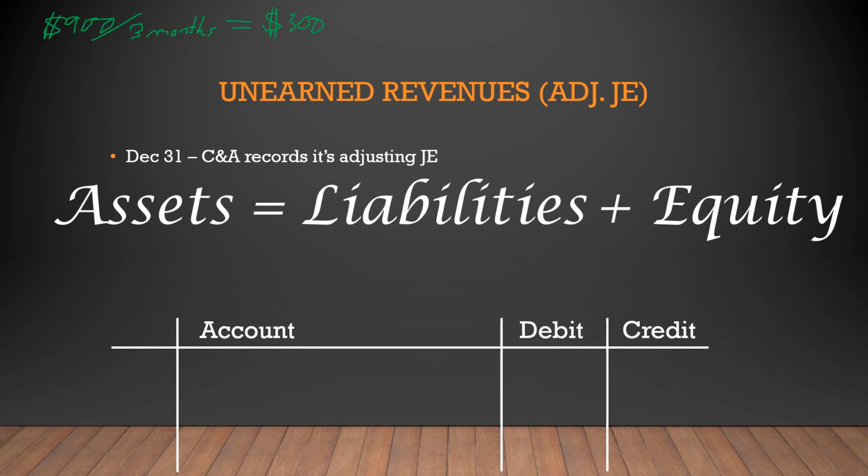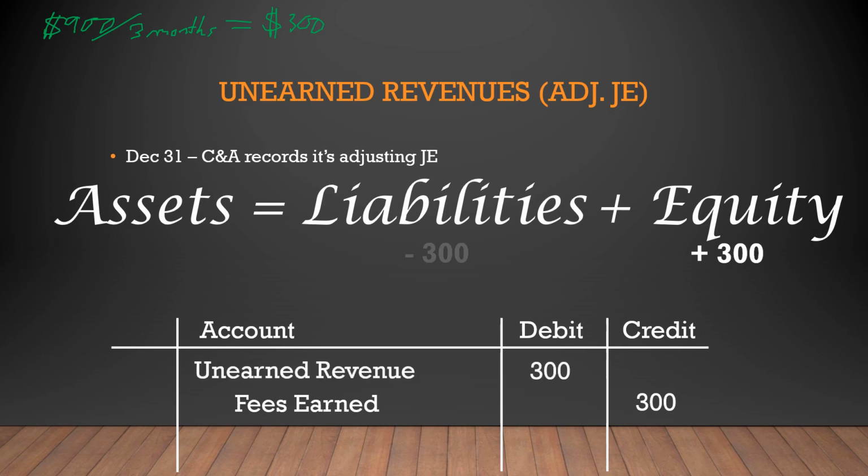Well, we've earned $300, and when we earn the money, we'll credit a revenue, fees earned in this case. What's our debit going to be? It's not cash. We've already debited cash when we received the advance payment. Instead, by providing our service to this client, we satisfied our obligation, so we'll decrease liabilities with a debit to unearned revenue.